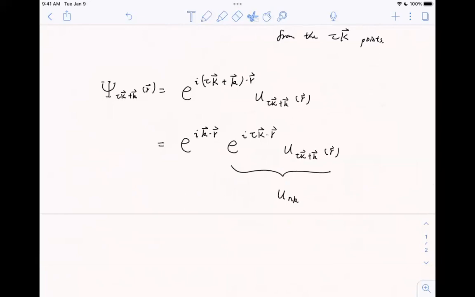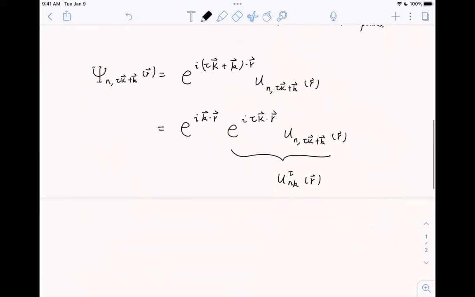Sorry, there's an N here, the band index. Okay, so we're going to add the tau here, just to represent this wave function.